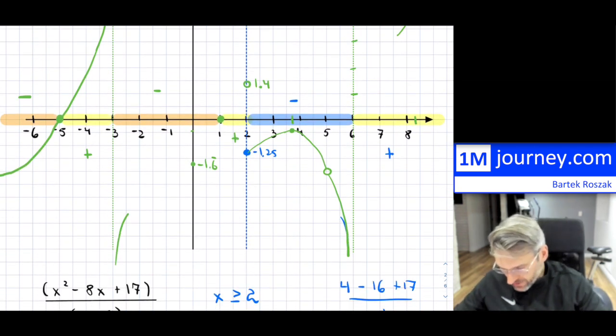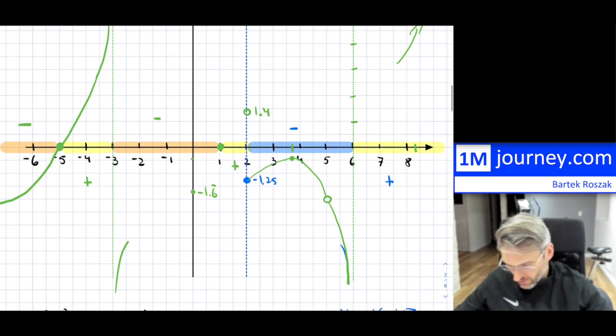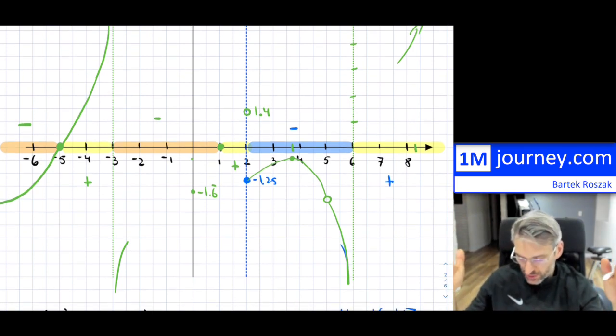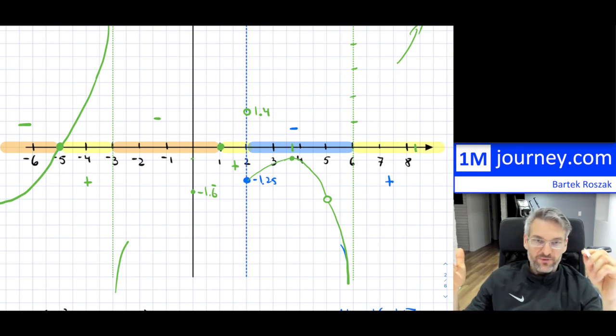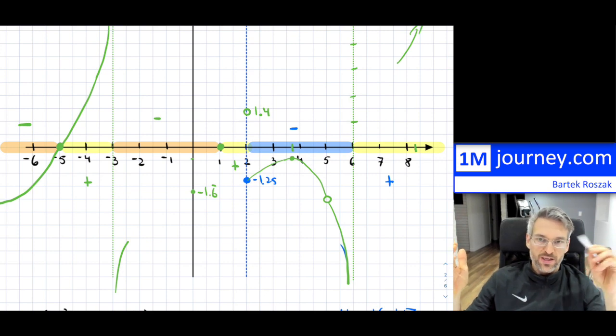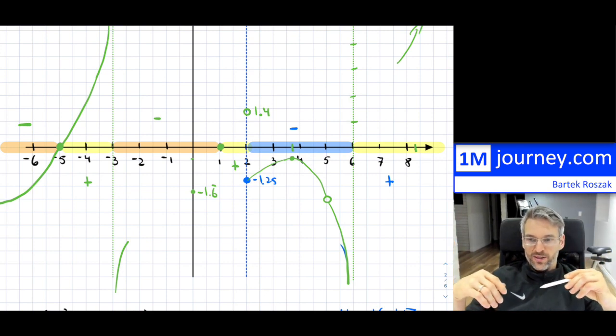Now on the left, the only thing really missing is what happens between negative 3 and 2. I know that it crosses at negative 1.666 on the y-axis. I know it crosses through x equals 1. But I have to find out where that inflection point is, because if there are no zeros, it's probably going to be concave down and then change to concave up somewhere.